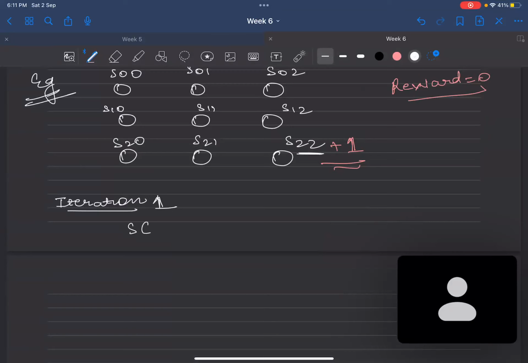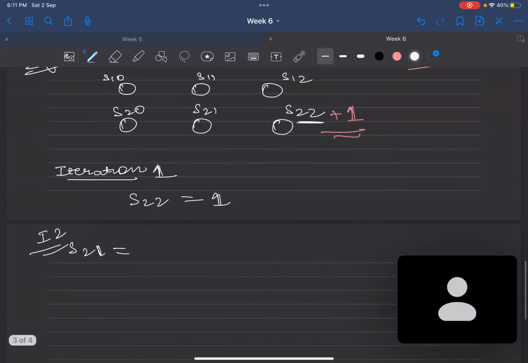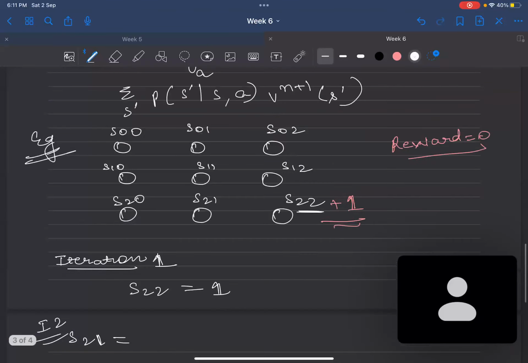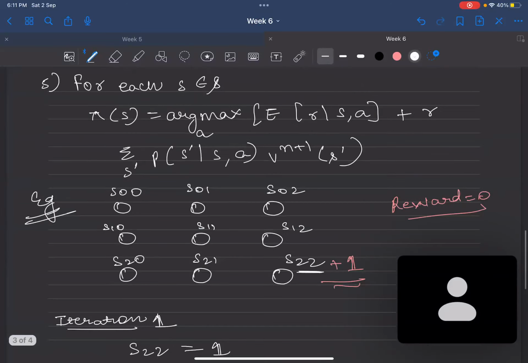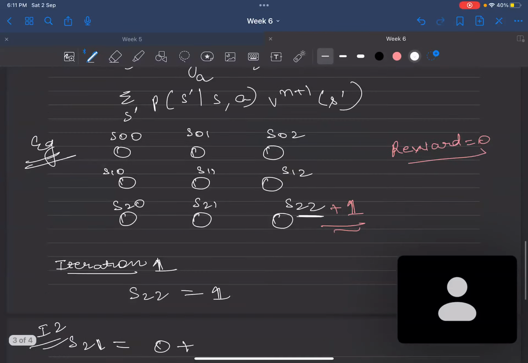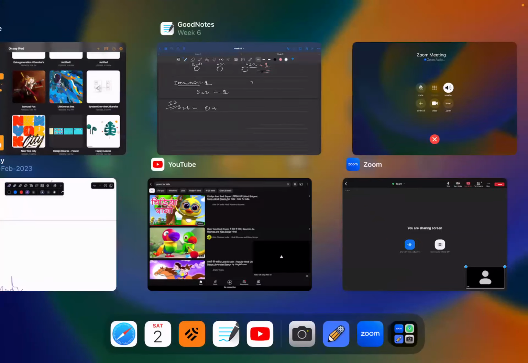S22, the reward is 1. That is simple. If I say S21, now to reach S22 from S21, what is the reward here? Basically 0 if I'm in S21. The reward for the other states is 0, and the reward for S22 is 1. So 0 plus, and let us take gamma equal to 1.